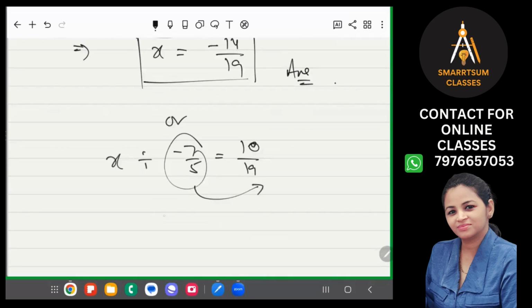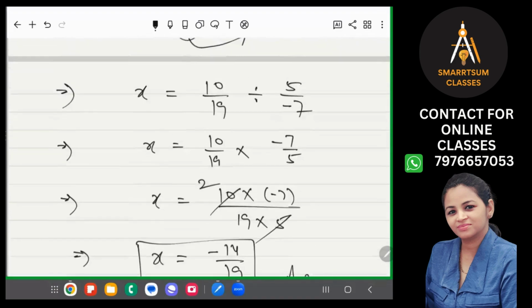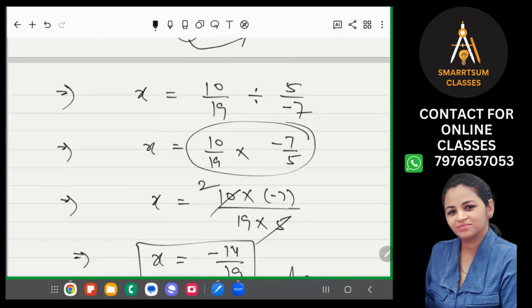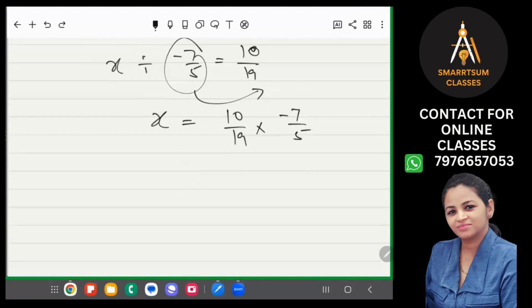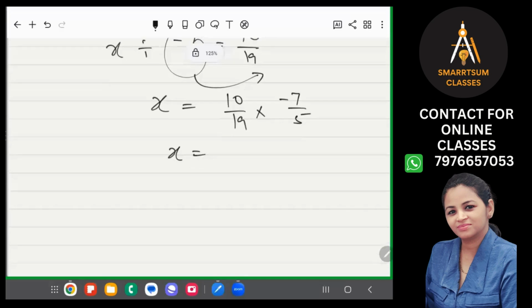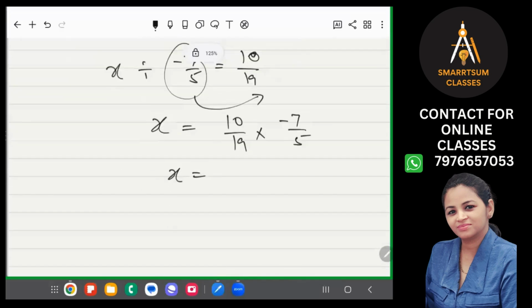Since it is in division, when it goes to the other side, it will go in multiplication, right? So you will get the same form again. Look at here, this and this, you are having the same form, right? So whether you do it that way or this way, both are the same. So again, you will get the answer minus 14 upon 19.